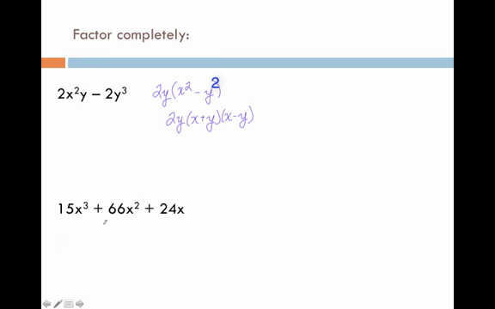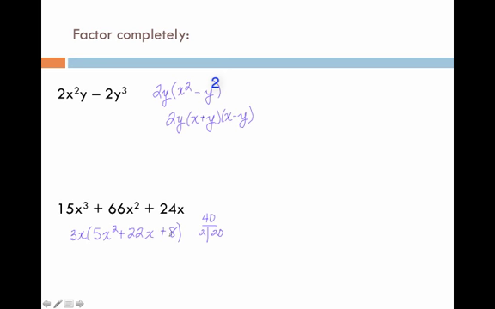And one more, taking out my greatest common factor of 3x, leaving me with 5x squared plus 22x plus 8. I'm looking for factors of 5 times 8, or 40, that can add together to give me 22. Well, if I have 2 times 20, then I can get my 22.